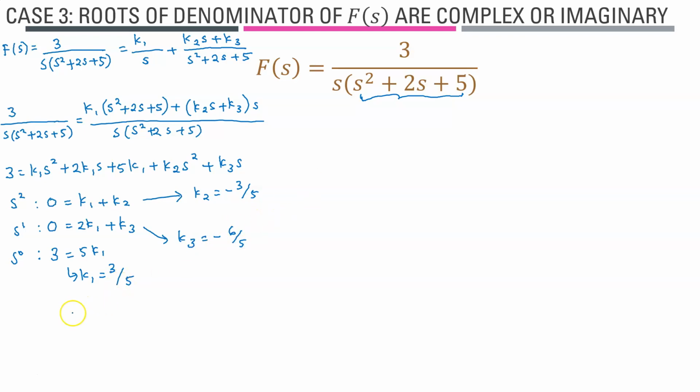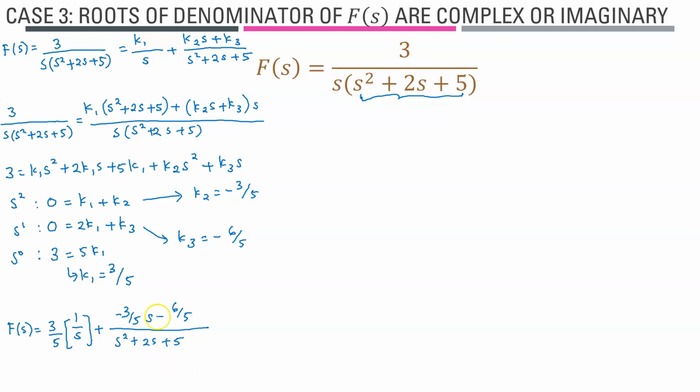So if we write back the equation in terms of the partial fraction, we will have 3 over 5 times 1 over s, plus minus 3 over 5 s minus 6 over 5 over s squared plus 2s plus 5.